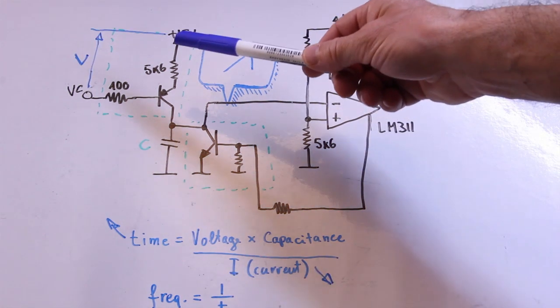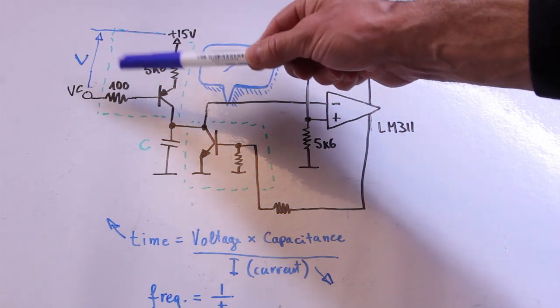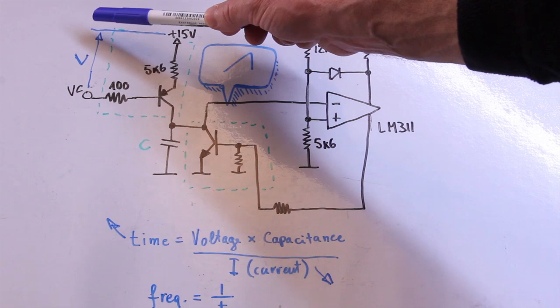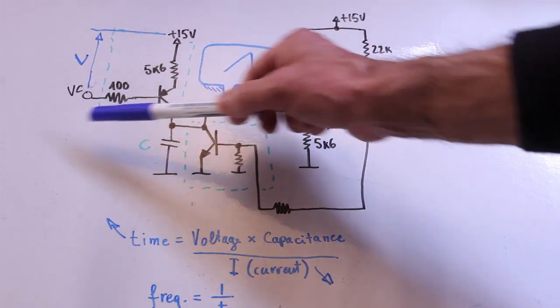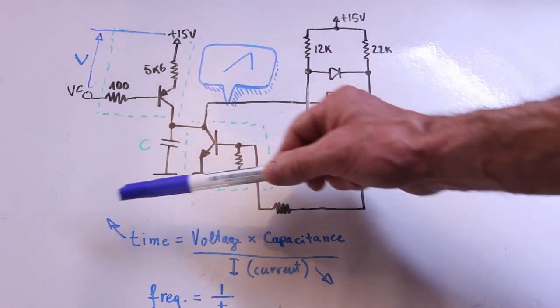Looking at the current source, we can notice that the current depends on the voltage between the positive rail and the base of the transistor, this voltage here.